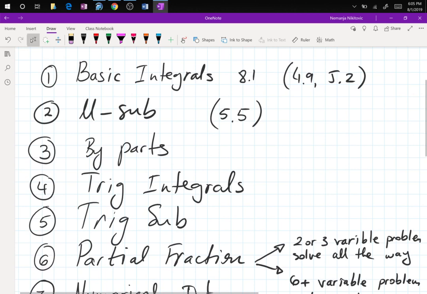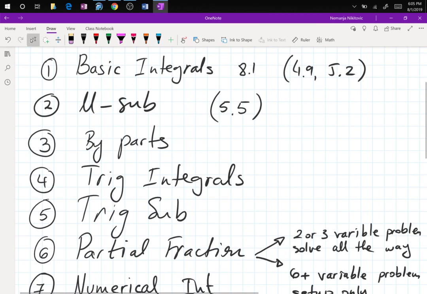So, basic integrals, they are always the end of u sub, right? A lot of trig integrals end with u sub. By parts is kind of its own technique.